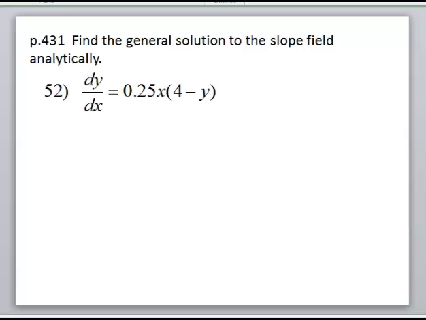Alright, on this problem, it looks like we have different directions, but it's really asking us to do the same thing. It says, find the general solution to the slope field analytically. That means solve the differential. So we're going to separate our variables. So I multiplied by dx on both sides, and I'm going to divide by 4 minus y.